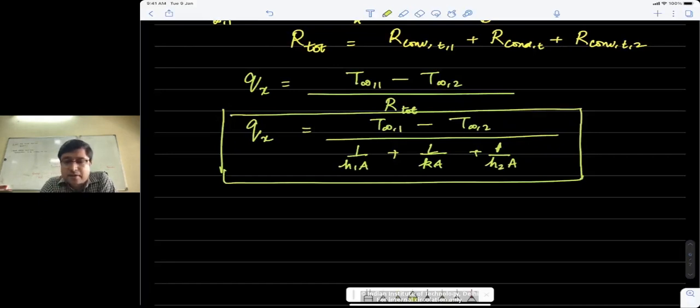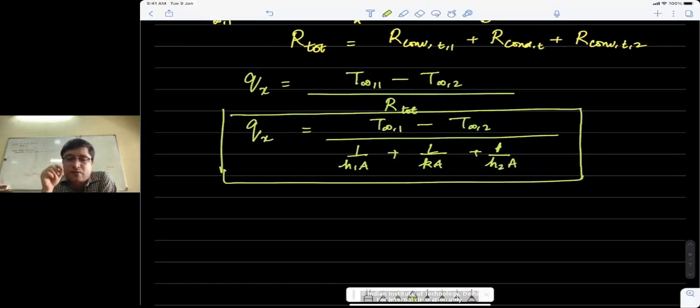Yes, because it's going somewhere, right? If you apply energy conservation, if there is heat conduction in the solid, that heat has to go somewhere. That energy has to be conserved. So that heat that comes out is either taken away by the fluid on the right side, or it is also being given by the fluid on the left side.